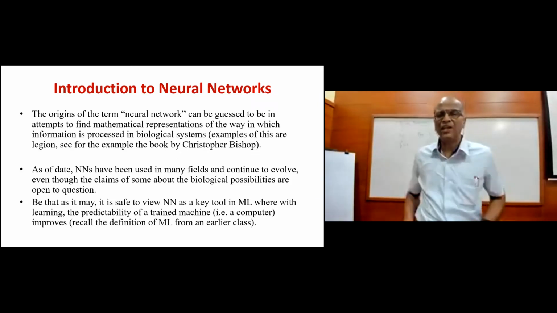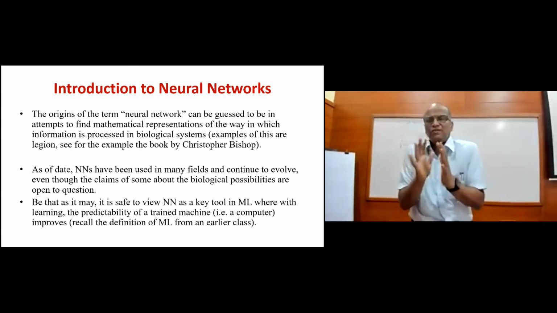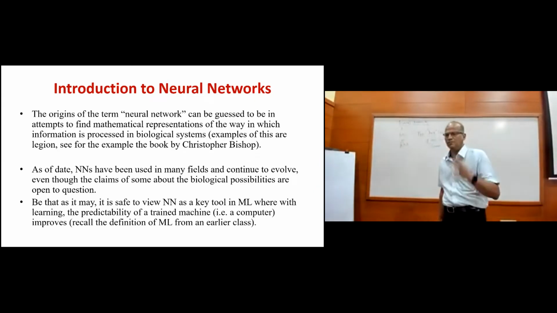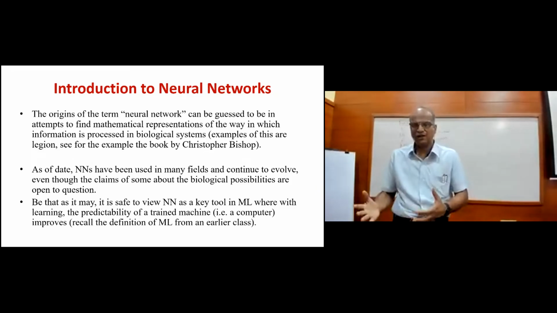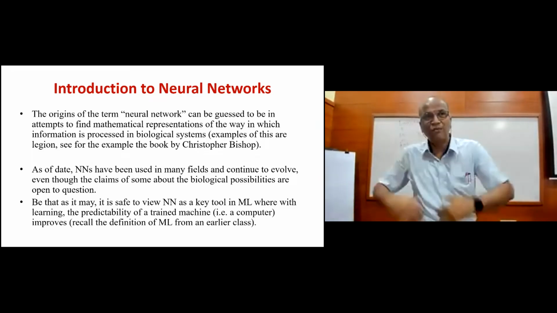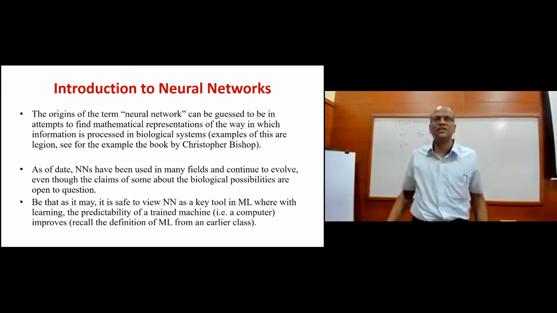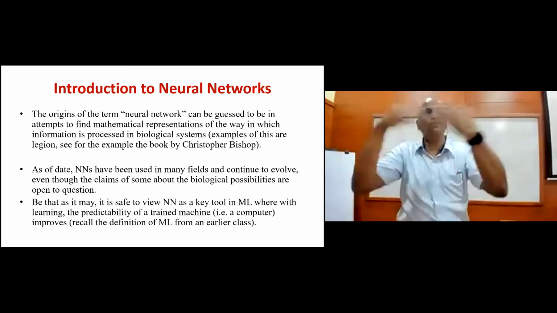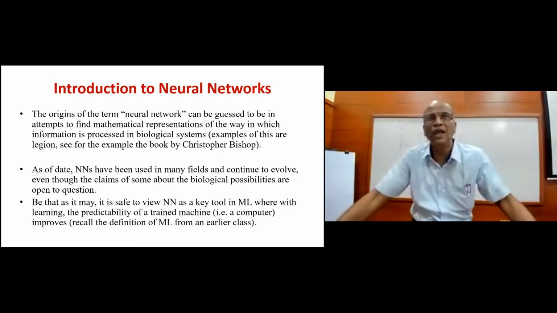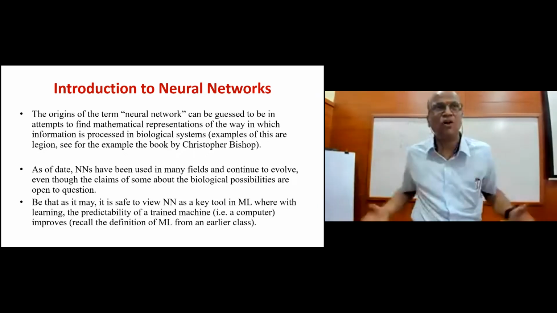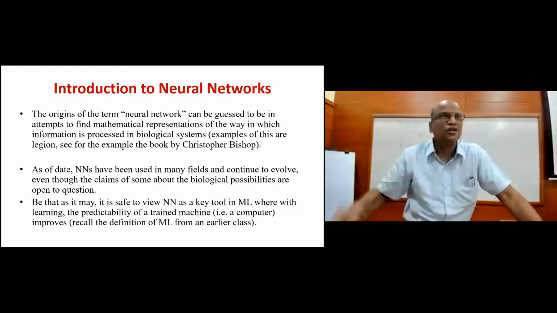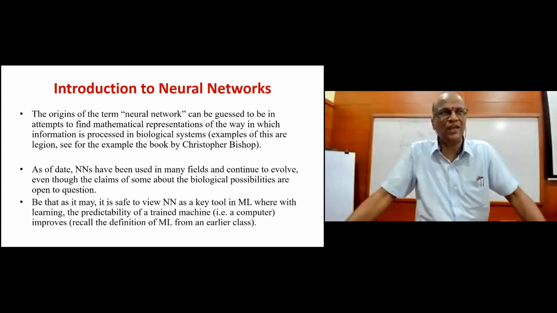It would be a much safer proposition to view neural network as a key tool in machine learning. Please note that neural network is not machine learning. Machine learning is many things, and machine learning is not artificial intelligence. With artificial intelligence, you're talking about strong AI, where you can mimic human behavior, but we are nowhere near there. We are still working only with weak AI.